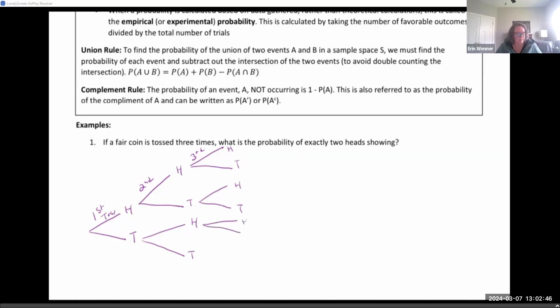What does this sample space actually look like? So if I move through my probability tree, my first possible outcome would be that I got 3 heads in a row. So I would write that as 3 heads in a row. After that, I could get 2 heads and a tail.